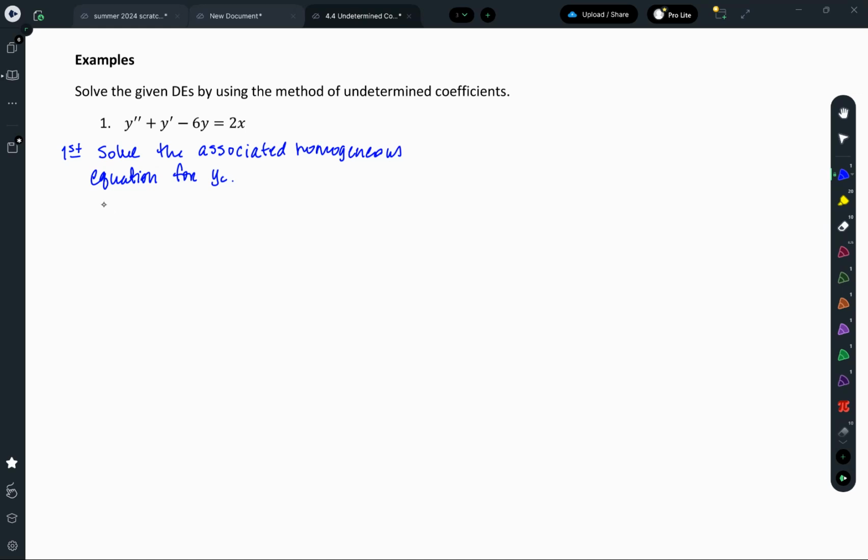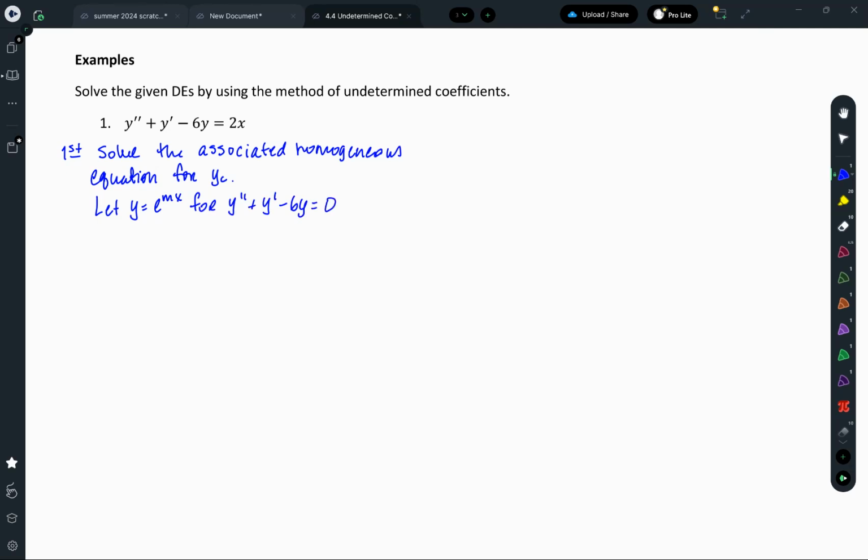Okay, so what we do is we're going to let y equal e to the mx for y double prime plus y prime minus 6y is equal to 0.